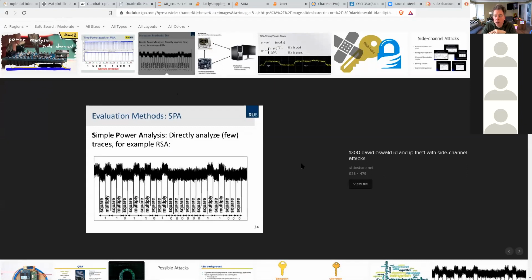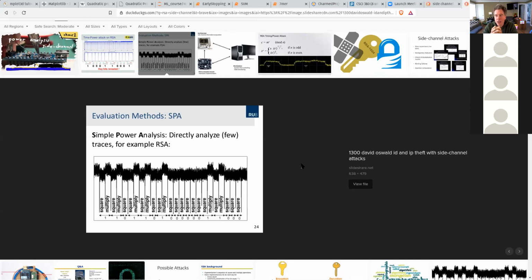If you can analyze the power of the processor while it's doing exponentiation, you can see when it's doing squares and when it's doing multiplies. If you can observe this, you can infer what the bits of d are.